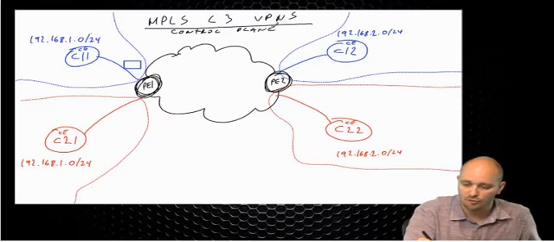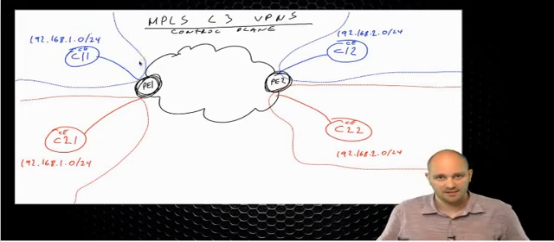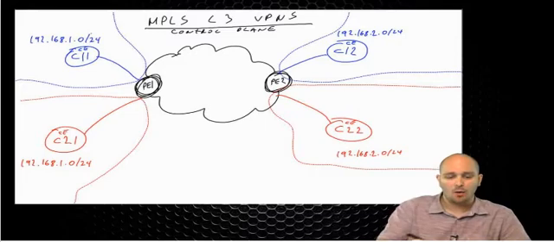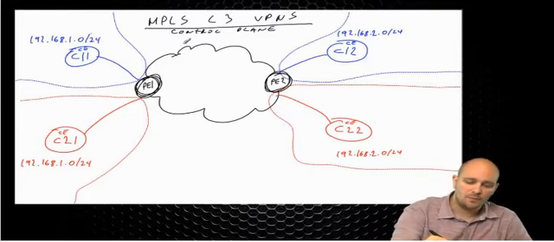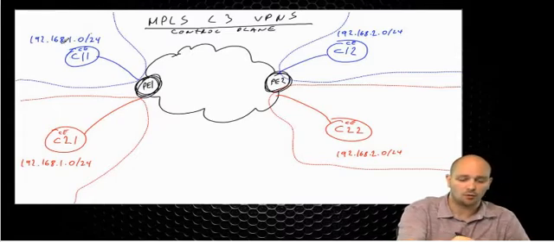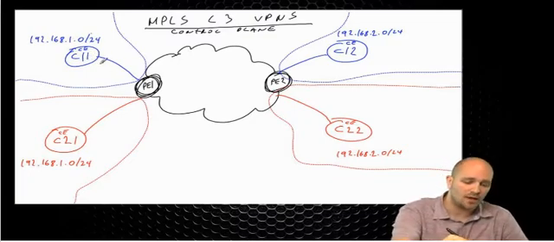How do we solve the control plane problem in this MPLS VPN scenario? In order to solve this control plane problem, between our PE1 router and CE1, or the CE router that we call CE11 here, we need to have some way of learning routes.